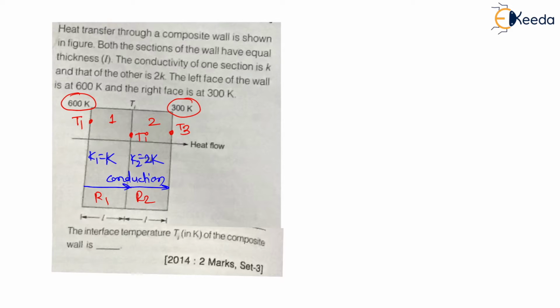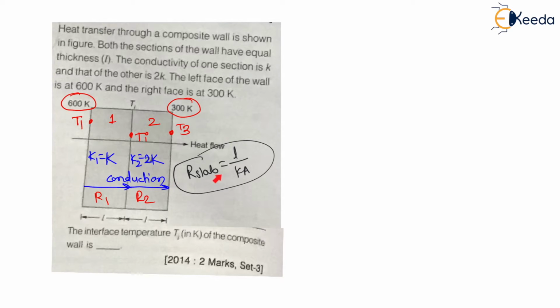The resistance through the wall is nothing but L divided by KA. This formula we have derived, where L is the thickness of that particular slab, K is the thermal conductivity of that slab, and A is the area perpendicular to the direction of heat flow. For both slabs the area will be the same.